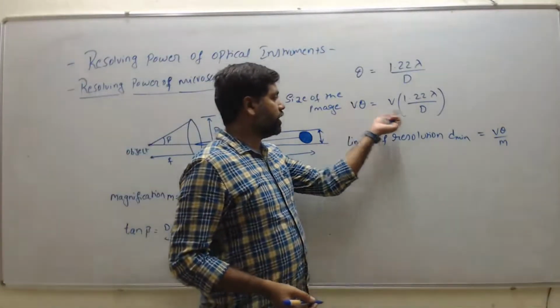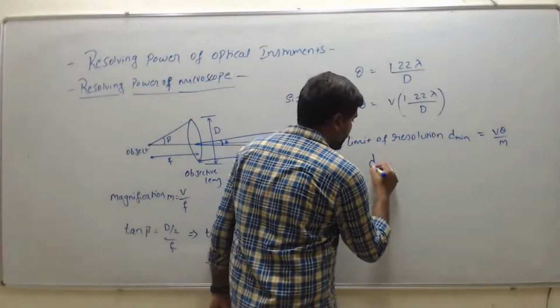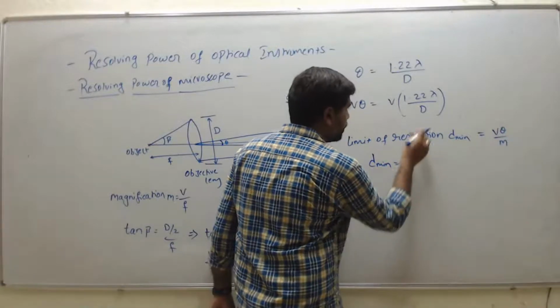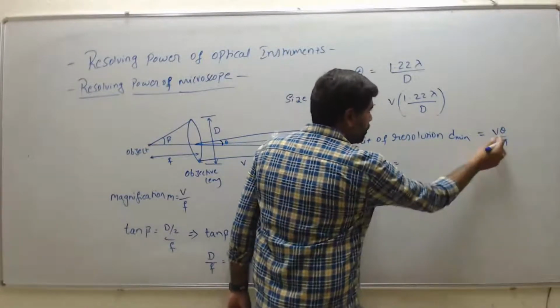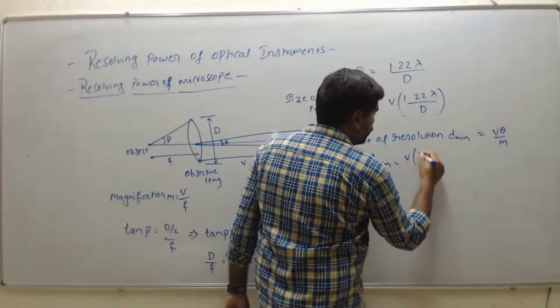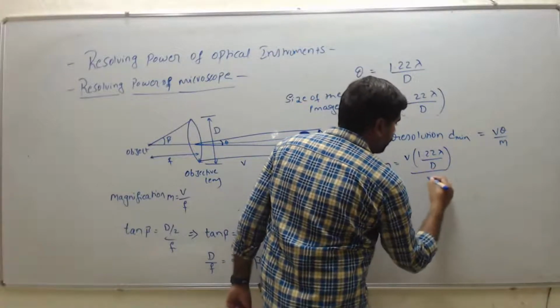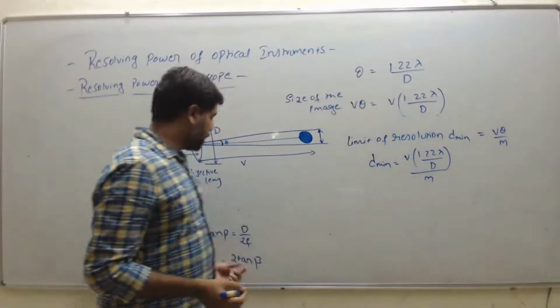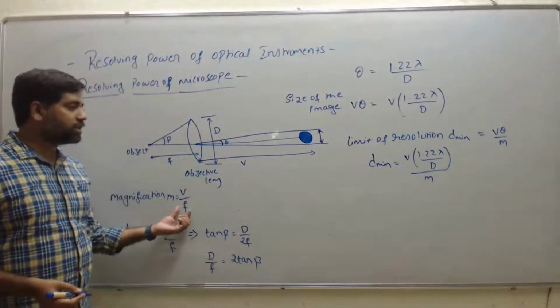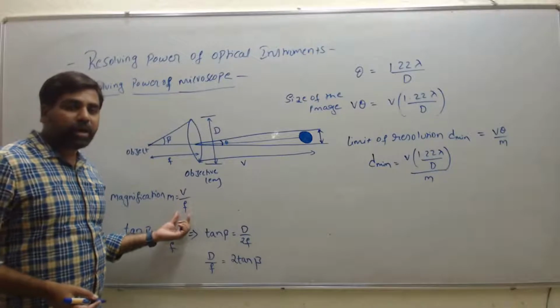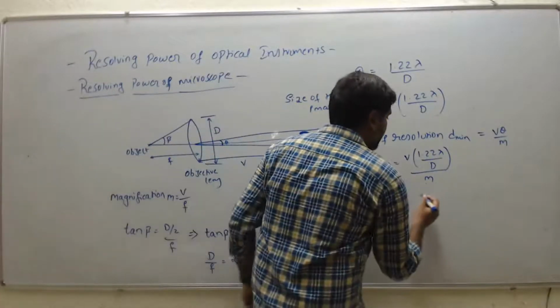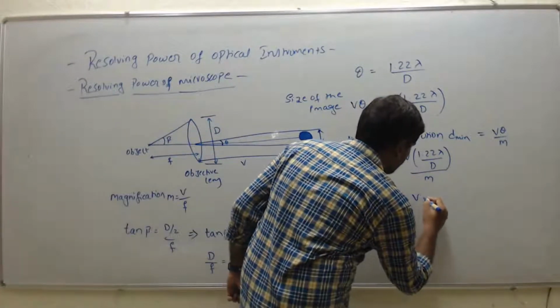So here we know the value of V theta, then we substitute here, we get D minimum equal to V theta. The value of V theta is V into 1.22 lambda divided by D, whole divided by M. Here we have the magnification M equal to V divided by F. Then if you substitute here, what happens?